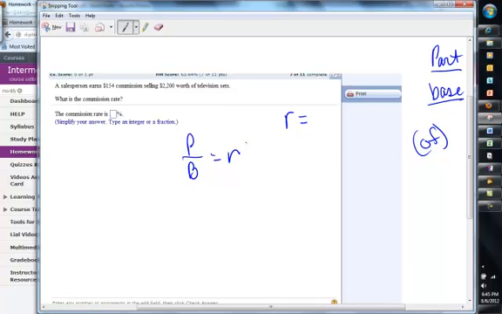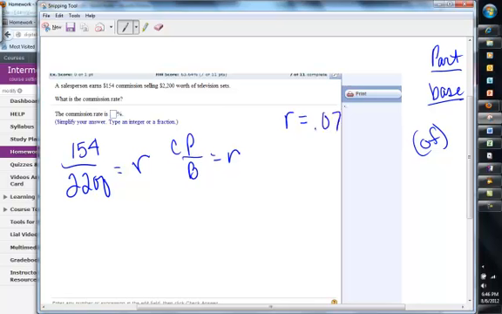Okay? A salesman earns a commission of $154. So in this case, the commission is the part. So we'll say $154 on $2,200 worth of TVs. What is the rate? So on our calculator, we would press 154 divided by 2200. Now my calculator says 7/100ths, but I'm going to switch that to a decimal, which is 0.07.